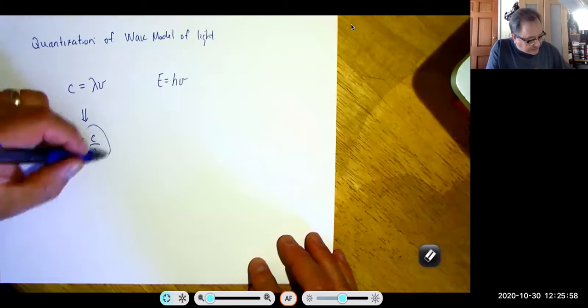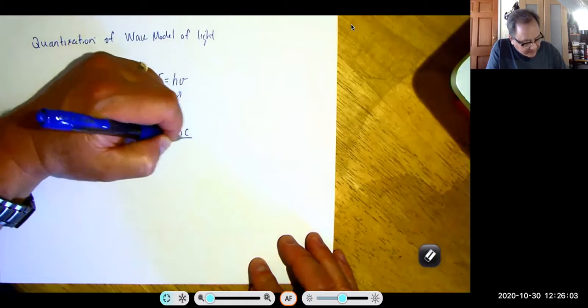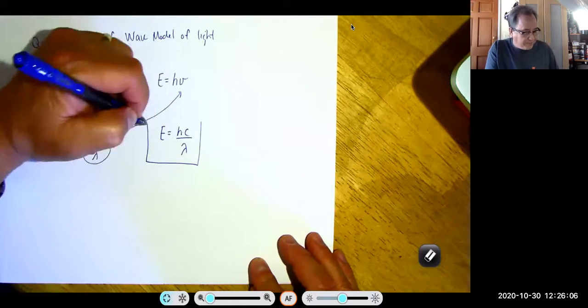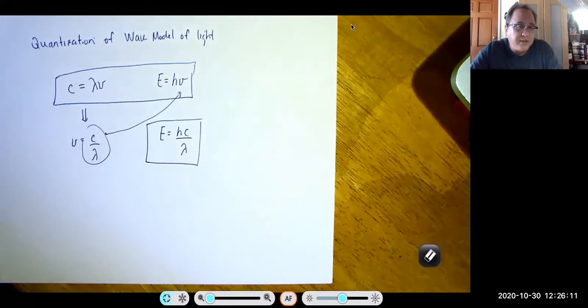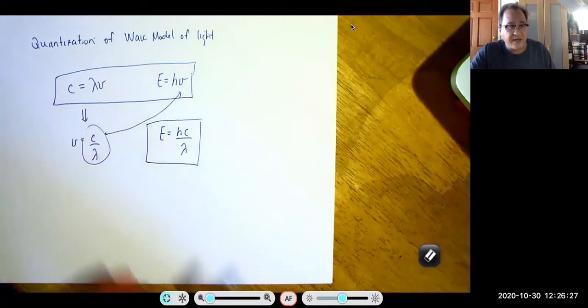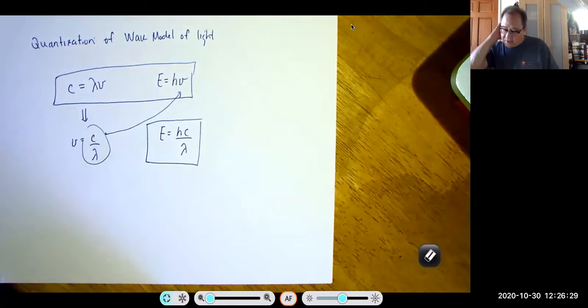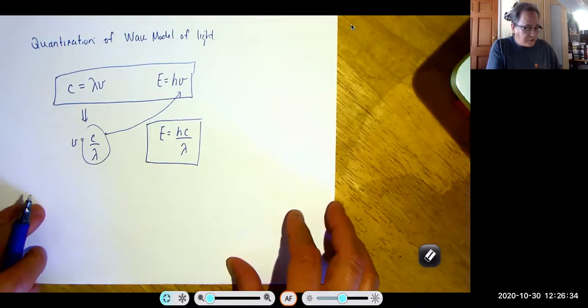So we can substitute it in right there, and we get E equals hc over lambda. And this is a pretty important equation along with these two equations, because sometimes we don't have the frequency, but we do have the wavelength, and we can calculate the energy using the wavelength directly. We don't need the frequency because h is always the same, it's a constant, and c is always the same, it's a constant. So a great deal is made out of this. So you should know this equation.